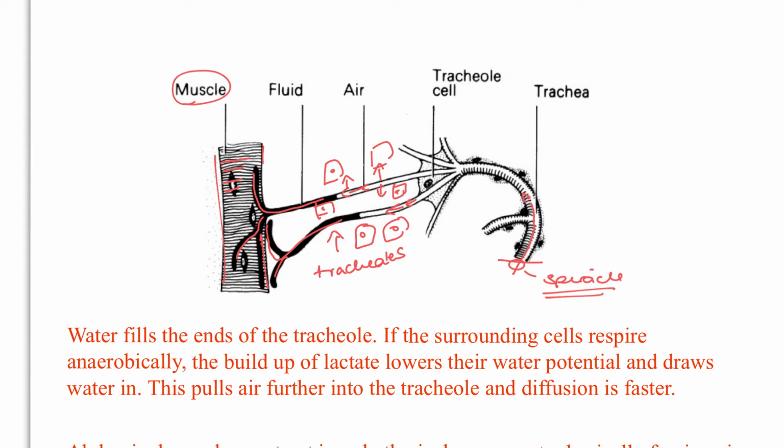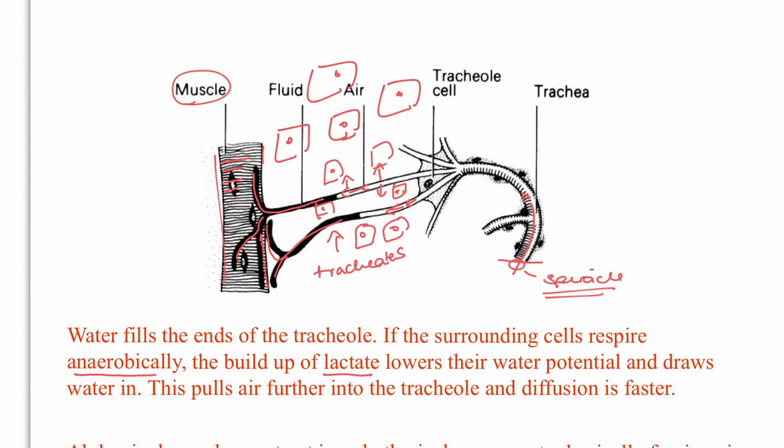The second thing is the fluid. So, if these cells that are surrounding the tracheoles start to not have access to enough oxygen, so the rate of gas exchange is not fast enough, they will be forced to start undergoing anaerobic respiration. When they undergo anaerobic respiration, they will produce lactic acid.